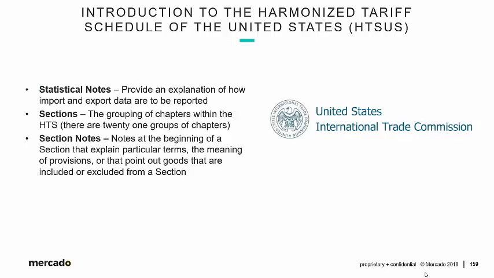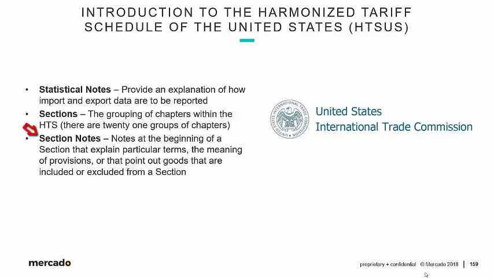What we will talk in some detail about are sections and section notes. A section is the grouping of chapters within the HTS US. Right now, there are 21 groups of chapters, broad-based commodities that fit into a section.